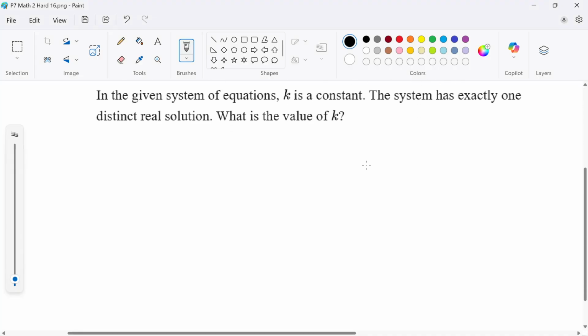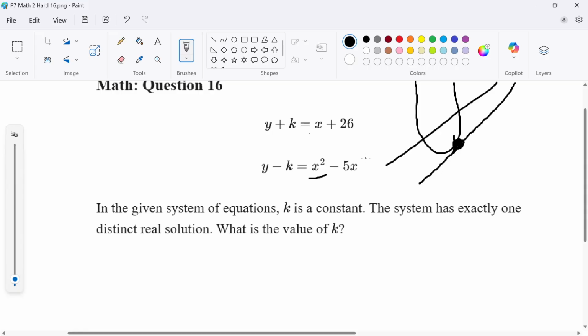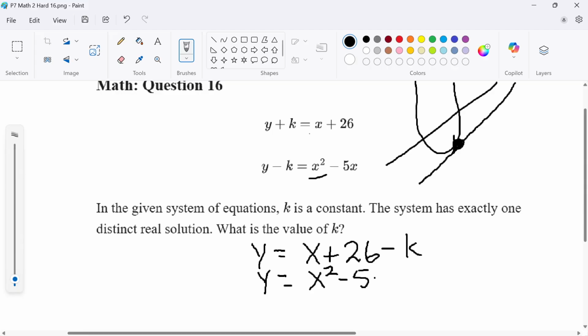What would the math way be? Well, if I set these both up as y equals, I can set them equal to each other. So x plus 26, I just subtracted k from both sides. The bottom one is y equals x squared minus 5x plus k, rather.